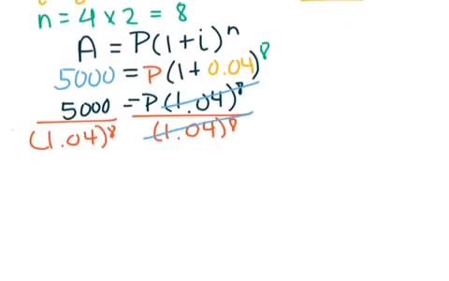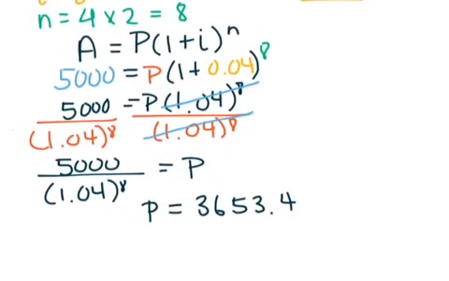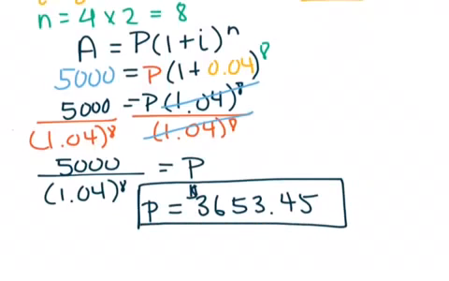So we are left with 5,000 divided by 1.04 to the power of 8 equals P. Now plug that into your calculator and you should get the answer: $3,653.45. If you do not have that answer, please go back and check to make sure you punched it in correctly. If you're still not getting the right answer, please come find me.